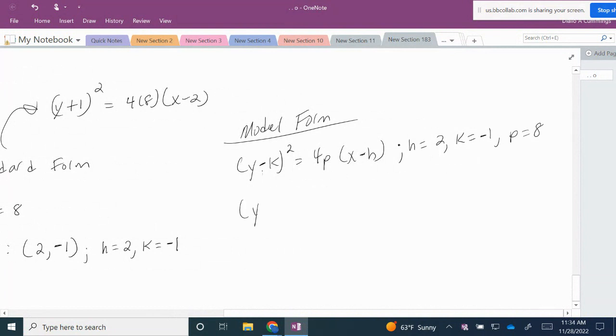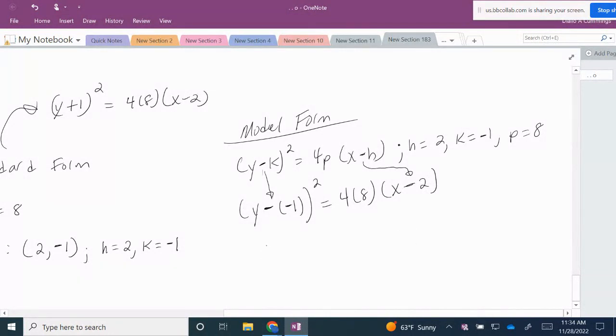So we have y minus, because this minus is a part of our model form, and k is negative 1, so I have to make sure I substitute in negative 1, squared. That's equal to 4 times p, and p is 8, times x minus, and I have to include the minus because that's a part of our formula, and h is 2.